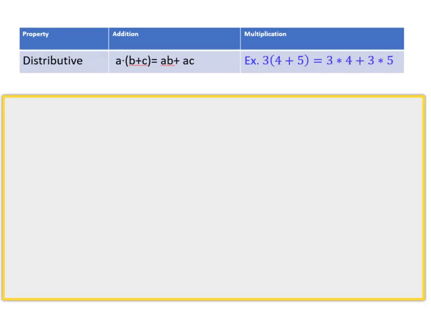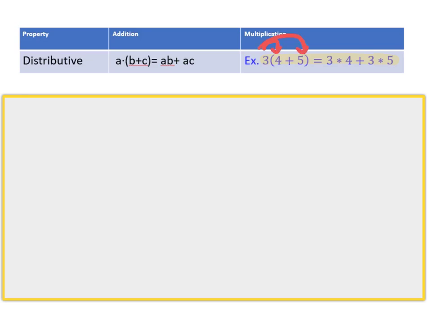The last property we have is what's called the distributive property. With the distributive property, you're multiplying the number outside into the two numbers inside. So if we have our example, 3 parentheses 4 plus 5, you want to think of it as you're multiplying the 3 into the 4 and the 5.